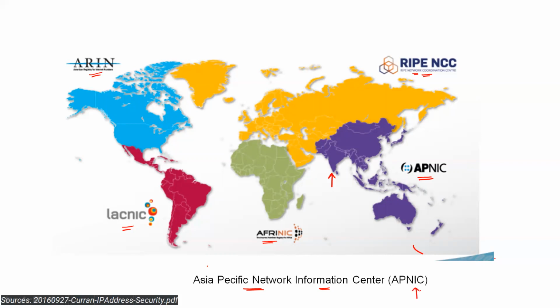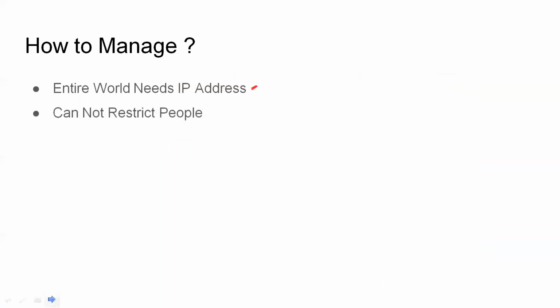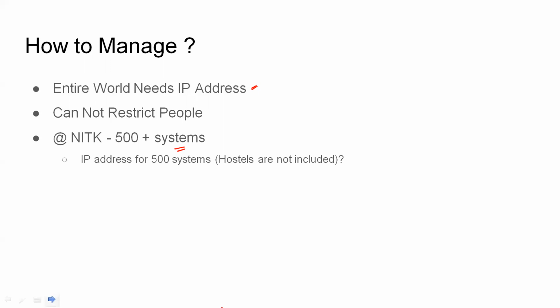Now, how to manage the IP addresses? The entire world needs IP addresses, and we cannot restrict people. We cannot say that you should not join the internet. Take NITK itself as an example: 500 plus systems are there, and that is excluding hostels.